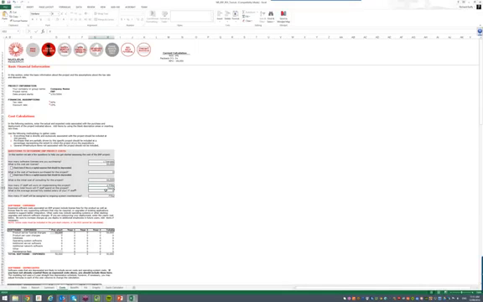So 8 weeks, 4 8s are 32, so that's 320 hours per person that they're going to spend on this, all right? And what's the average fully loaded salary of your staff? Let's say I'm paying them on average $75,000. Okay, got it so far?